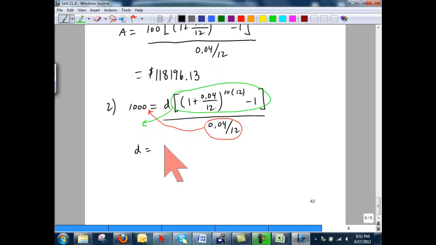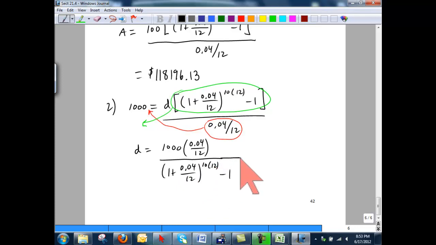So D equals 1,000 times the 0.04 divided by 12 and divided by the expression in the square brackets that I circled in green. Like this.